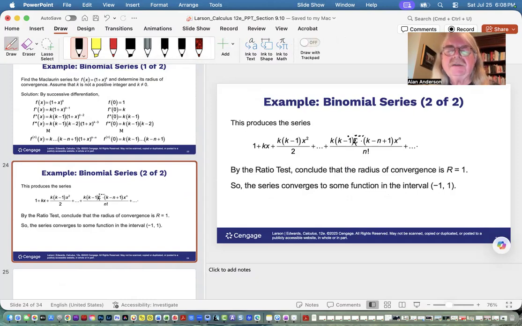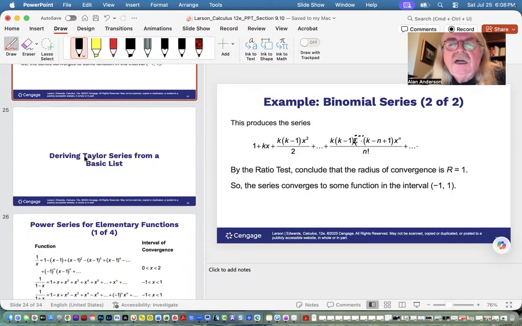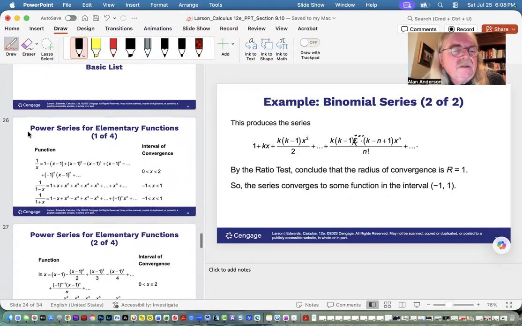That's supposed to be dot dot dot. So we end up with the ratio test. They didn't show the results, but they took the ratio test with a ratio of convergence of 1. So we end up with the interval negative 1 to positive 1.